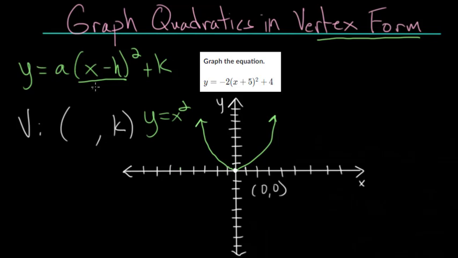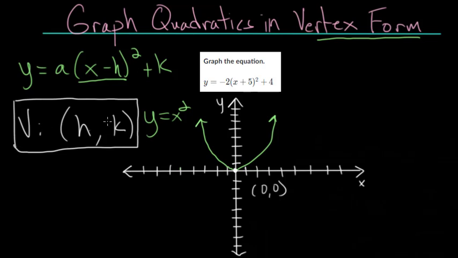And then our x value, think about what x value makes this expression 0. And that would be a positive h. So even though we're subtracting, we're actually going to go to the right h units. So our vertex from this general form for the vertex is at h comma k. So whatever you're subtracting here, that's the positive x value of the vertex, and whatever you're adding or subtracting, that number will go for your y value of the vertex.